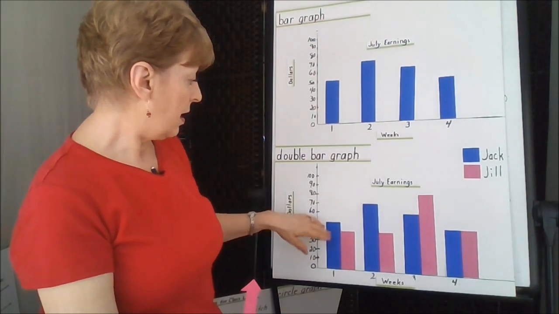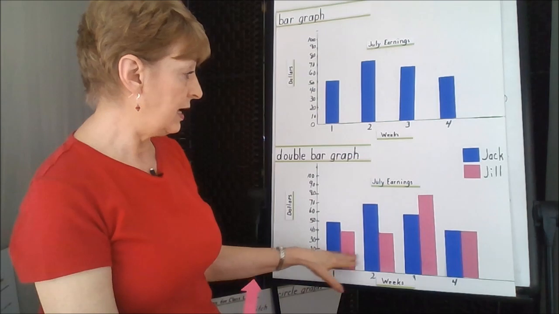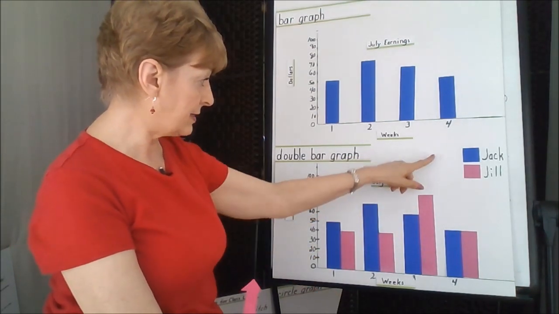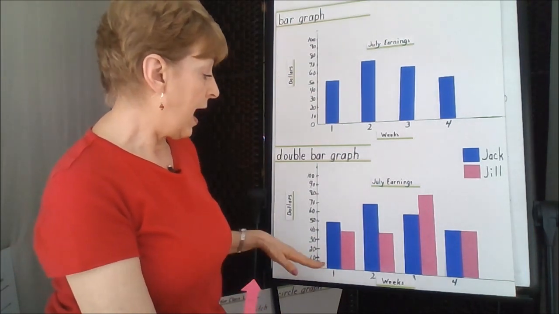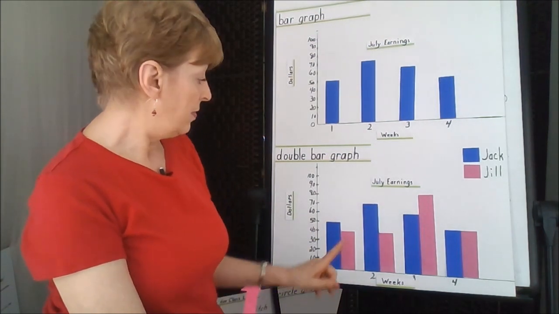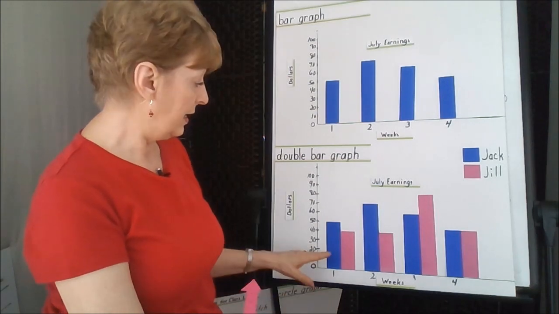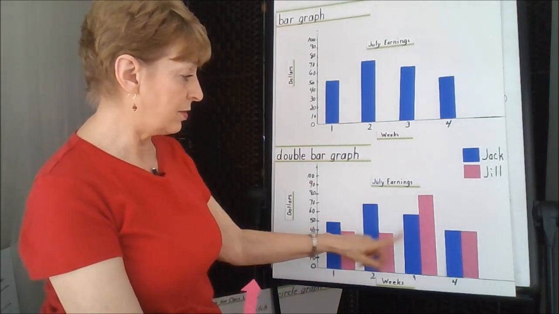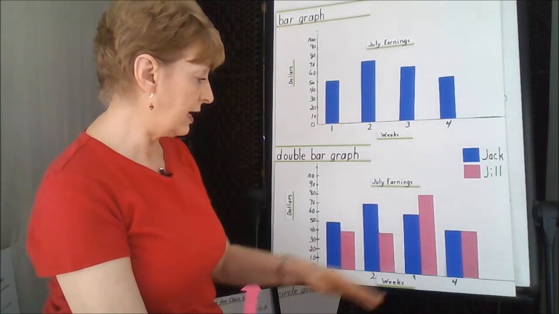The compare and contrast would certainly be done in a double bar graph where we're plotting Jack's and Jill's earnings. A question might be, after the 4-week period, who made the most money? You'd probably have to calculate that because it's not clear whether Jack or Jill had more money from just looking at the graph.